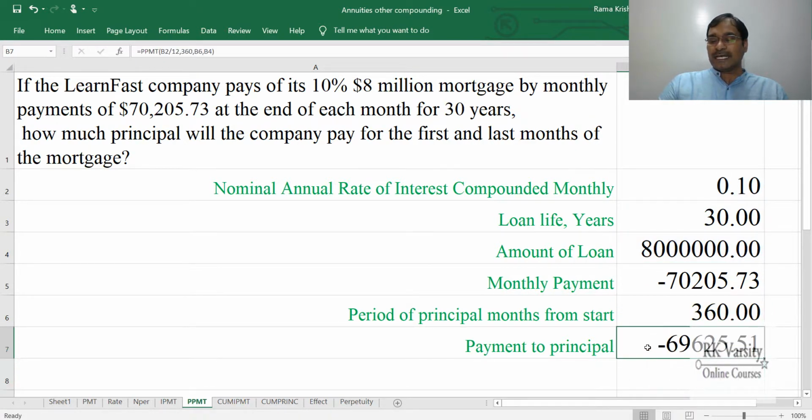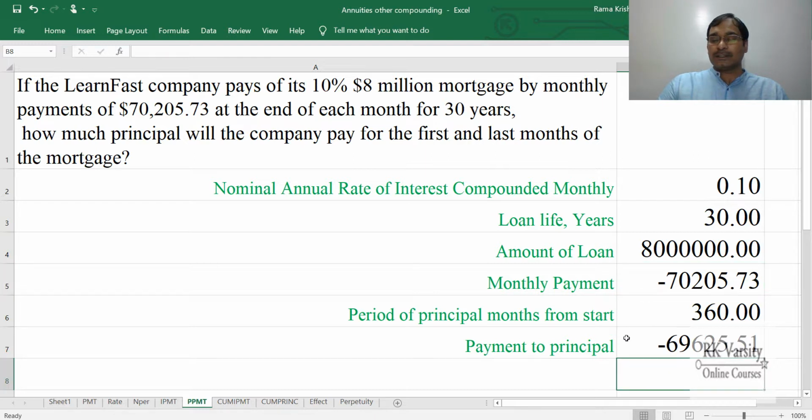So during the last month, of the $70,205 you pay as an installment, the principal component is $69,625.51. The balance amount is your interest component.